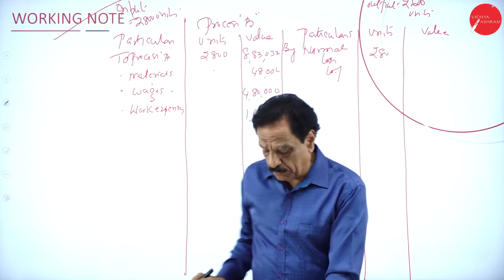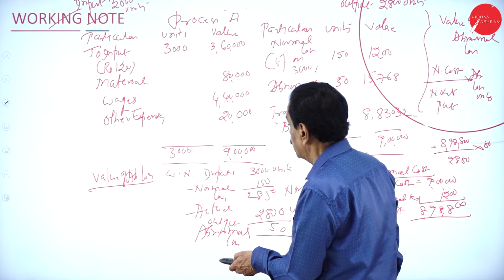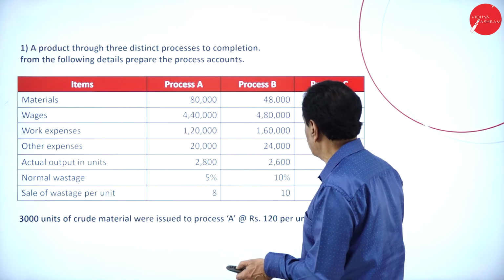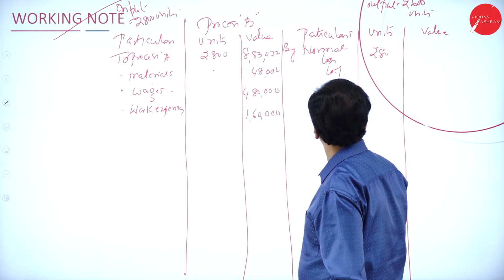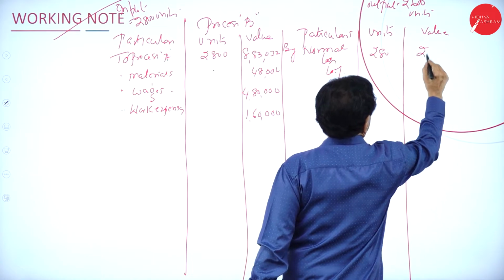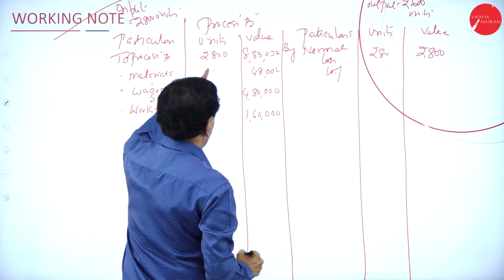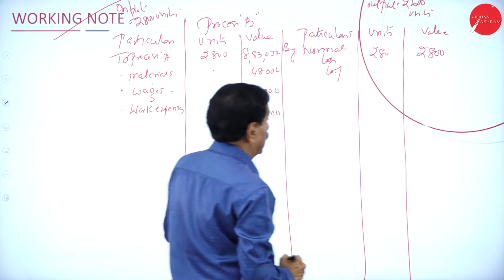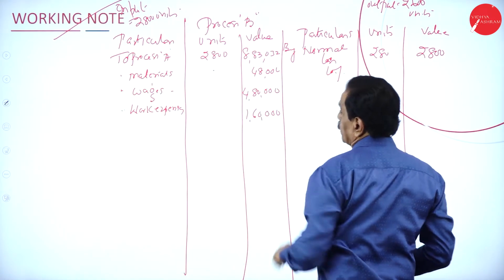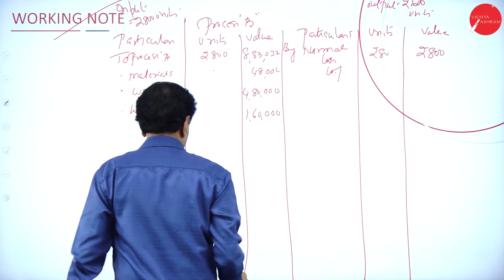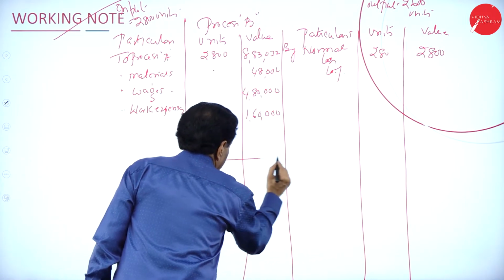Per unit 10 rupees, no? Per unit 10 rupees. 280 into 10 is 2,800. Here, your input is 2,800. Here, normal loss is 280. Here, we close like this.